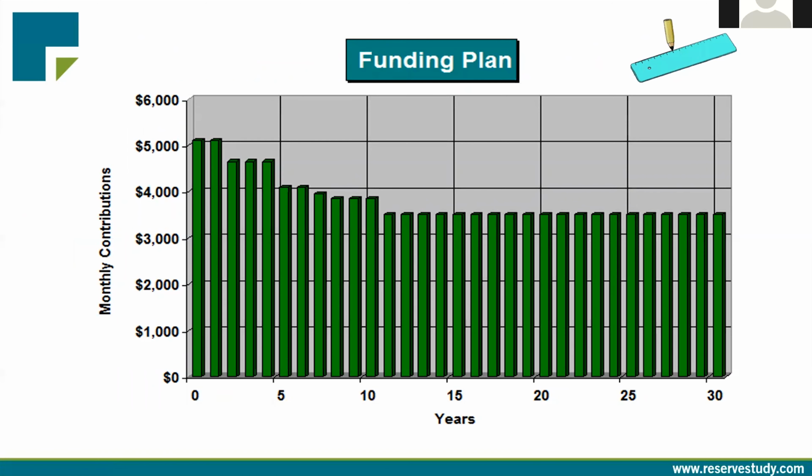If you actually do the calculations year after year, presuming the association follows the plan, this is what a multi-year funding plan will look like. High in the first few years while the association is in a steep catch-up mode, rapidly strengthening its reserve fund as it prepares for those near-term components while funding all the other components.